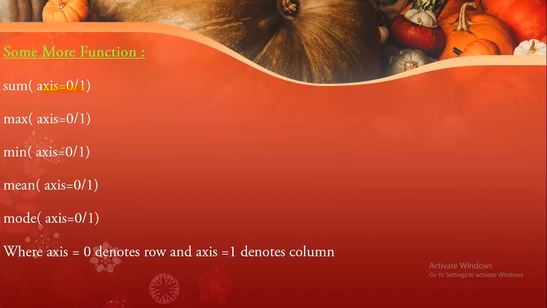Then same here, axis 0 represents the rows, a row wise sum operation, and axis 1 performs the sum operation column wise. Once more, axis 0 means you perform the sum operation row wise, and axis 1 means you perform the sum operation column wise.